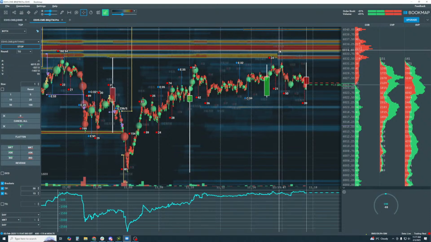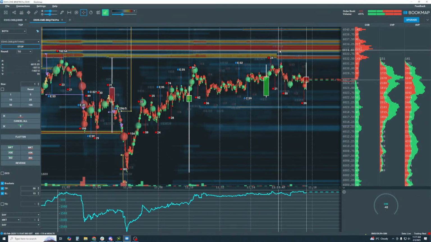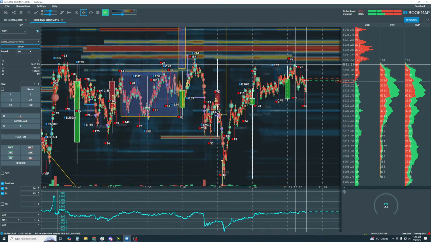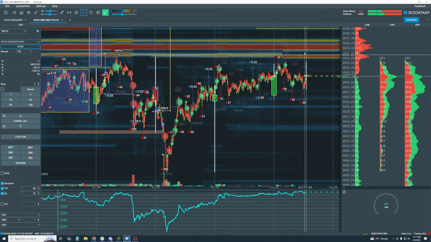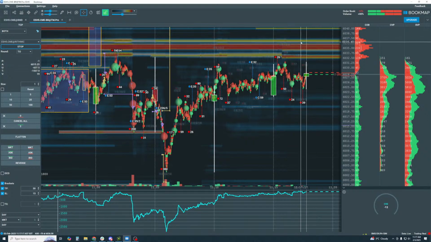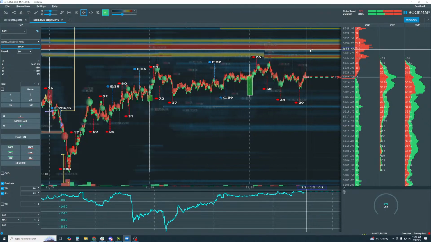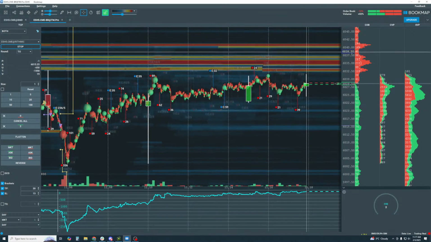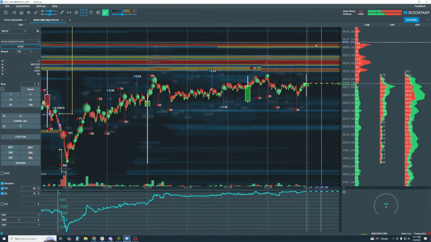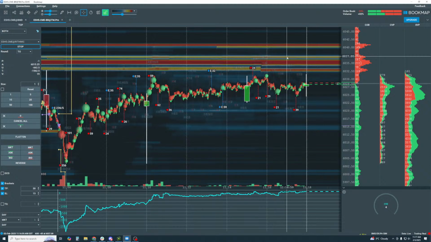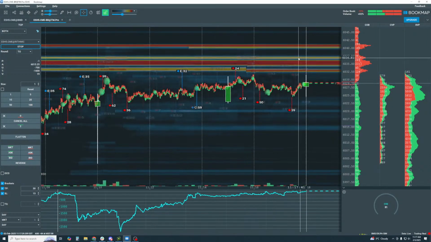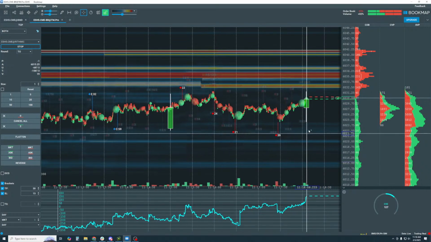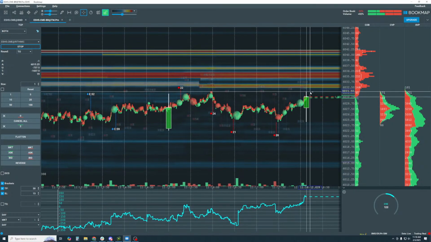All right, well, we're due for a big swing one way or another here. We're getting ready. We have a European close coming up as well. Yep, starting to build that buying pressure.